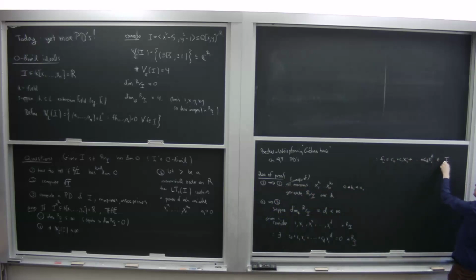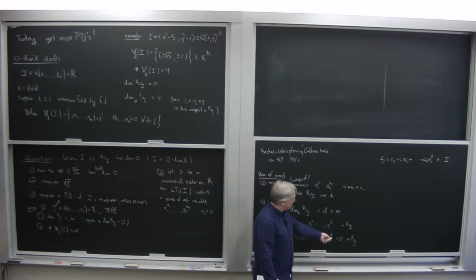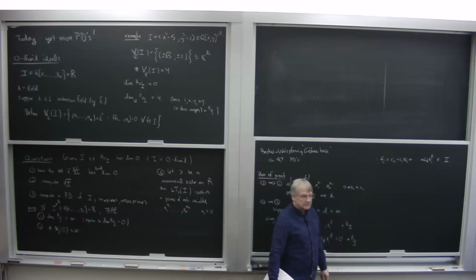That makes this a polynomial in I. As a polynomial, these are actually elements in R mod I, but when it's equal to 0 in R mod I, it just means that it's in I.